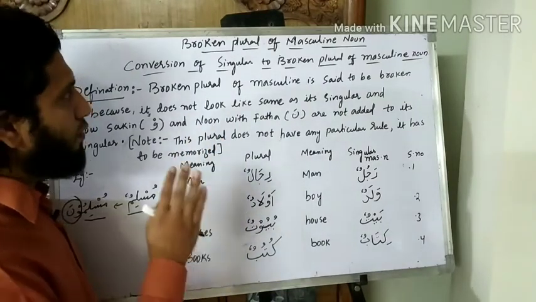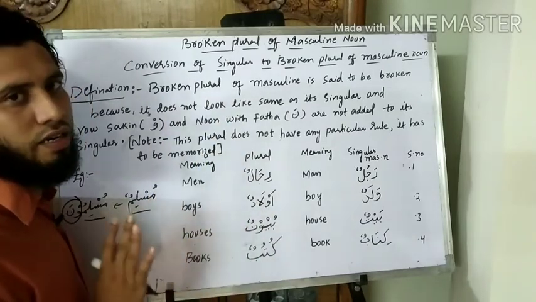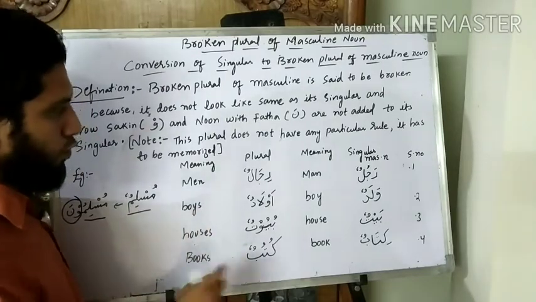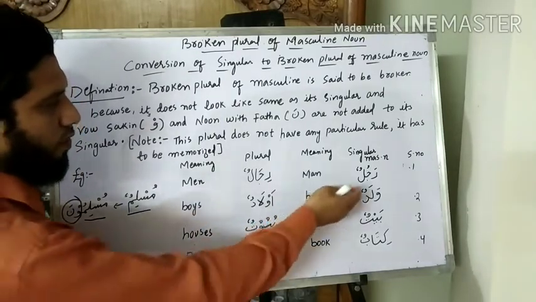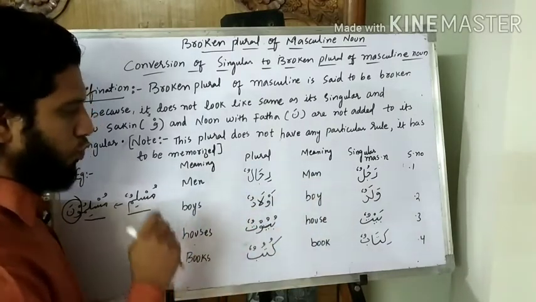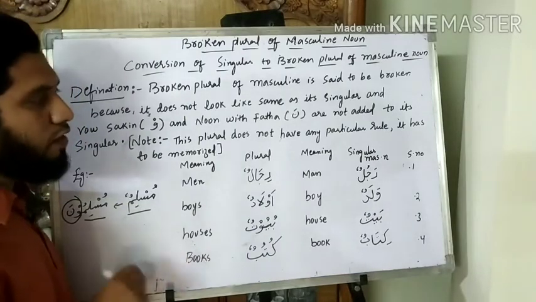For masculine, broken plural nouns are there. There are many broken plurals. So you can see here: rajulun, rijalun, waladun, awladun, baitun, buyutun, kitabun, kutubun. I hope you have understood this.